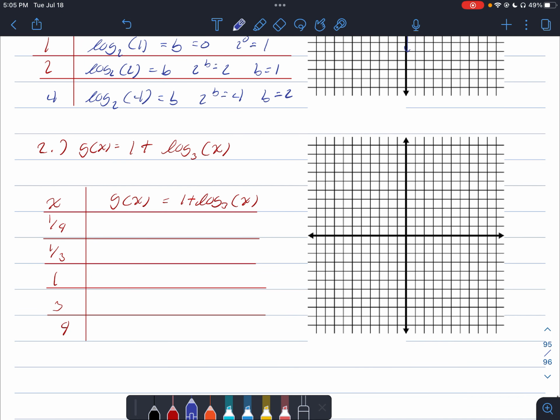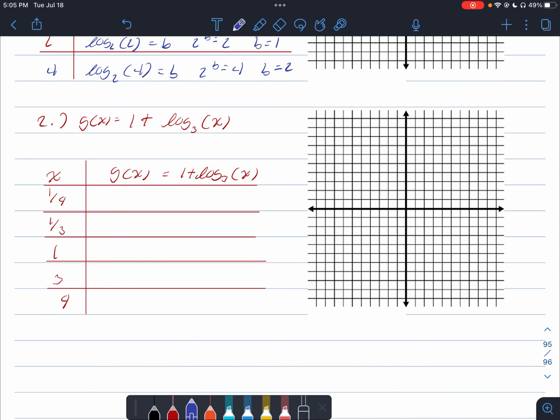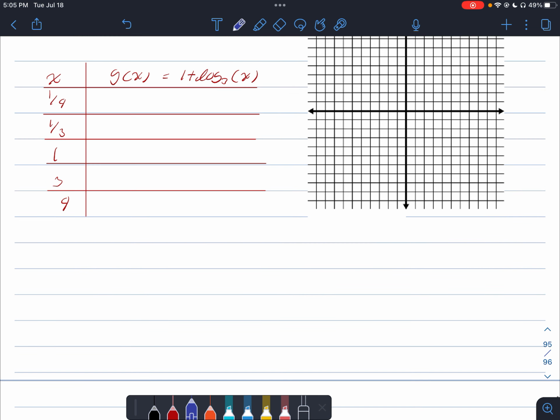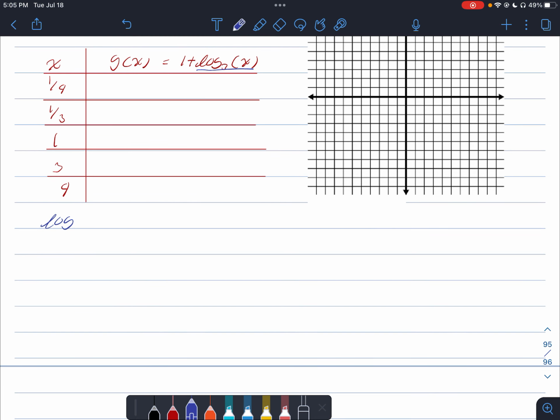Now let's try one more. All right, what if we said we have g of x is equal to 1 plus log base 3 of x? Okay, what if we chose 1/9? Well, in this situation, when we're doing this, let's just focus on the log base 3 of x part. Okay, we're going to deal with this plus 1 here in a minute.